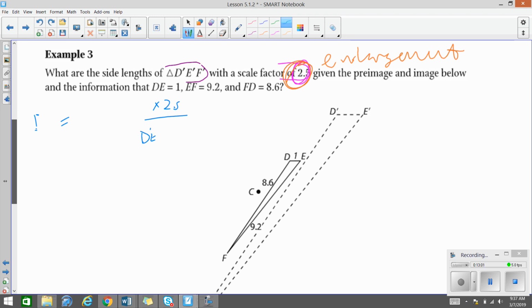So D prime, E prime is going to be 1 times 2.5. Come on. Oh boy, wow. So this should be 2.5, all right? So this D prime, E prime, oh my goodness. Of course you would do that. So D prime, E prime has got to be 2.5. You're all sitting there probably laughing. It is funny. Disappear, of course, 2.5.